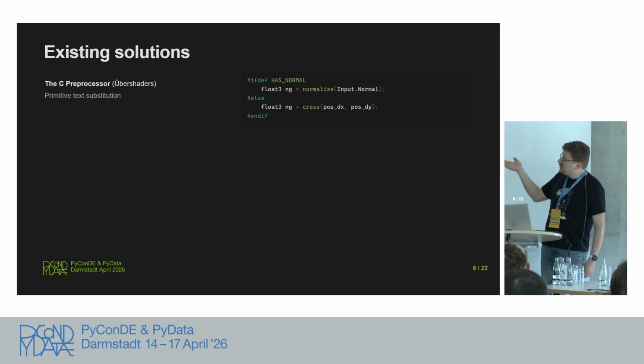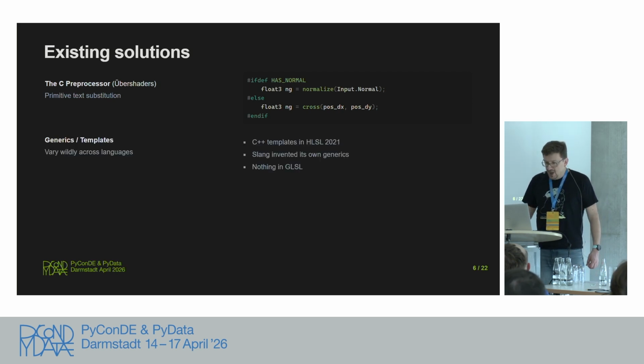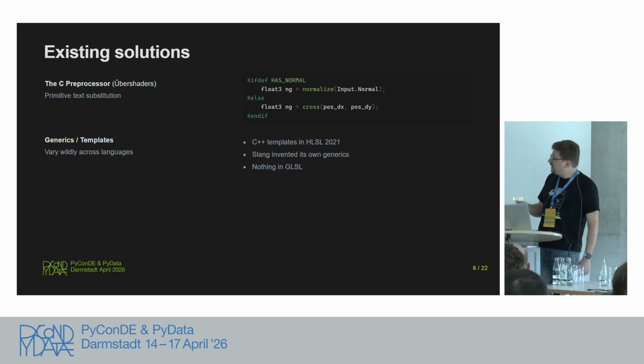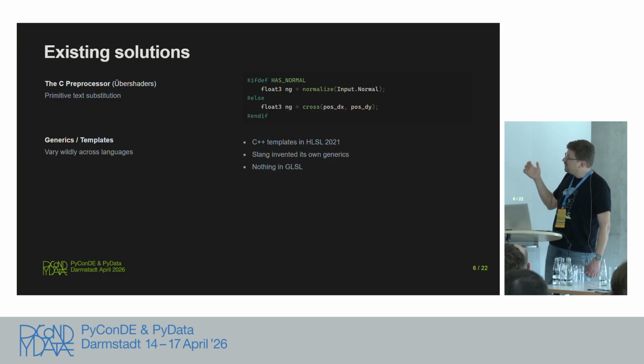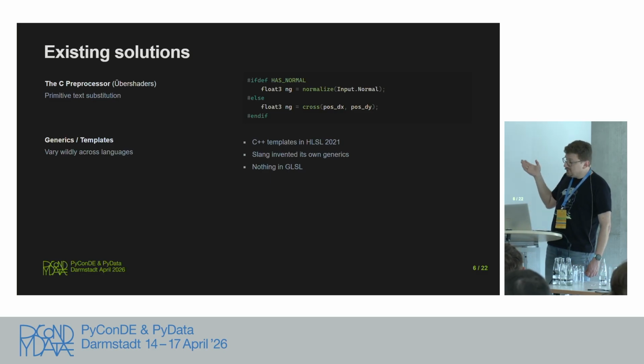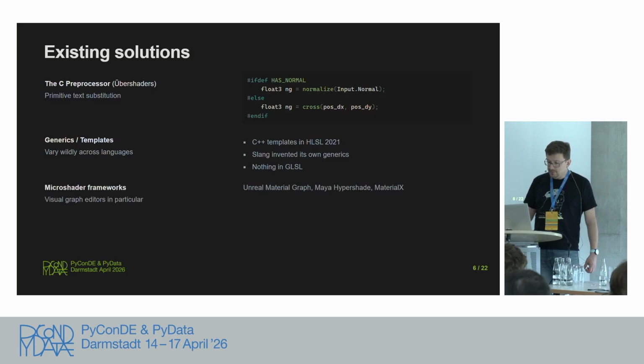And so we're left with technology from the 70s, basically. Generics and templates are a good replacement for that, but they have some downsides as well, like C++ templates are also kind of infamous, and some of the platforms, like GLSL, don't have any generic programming mechanisms.